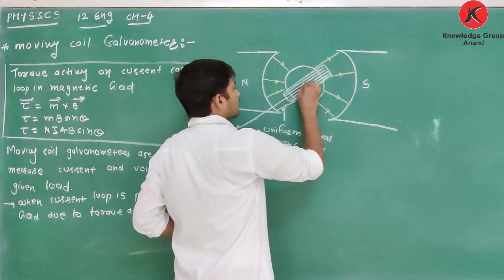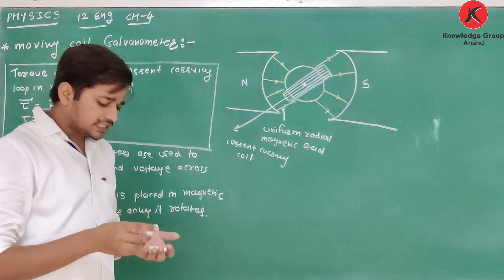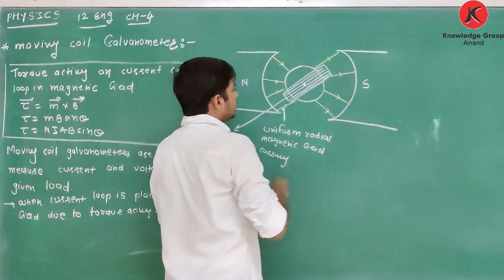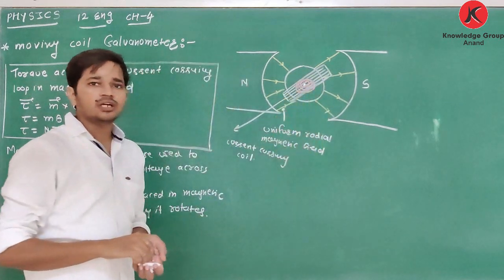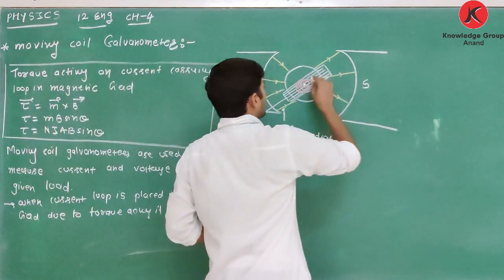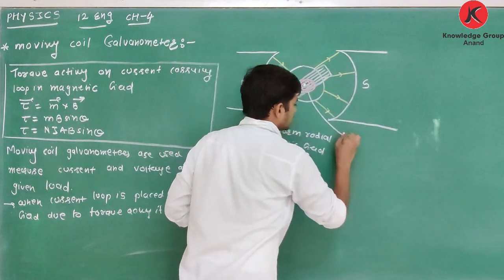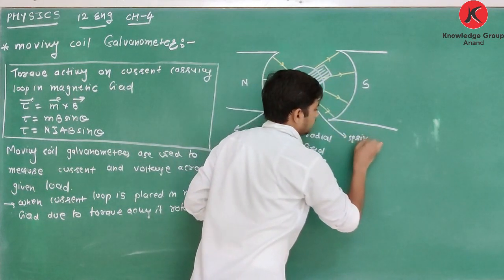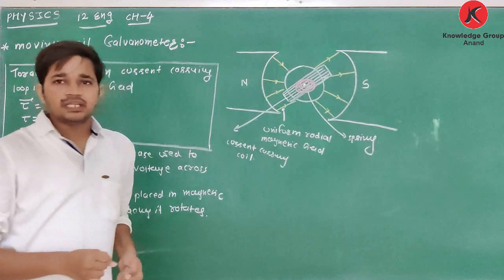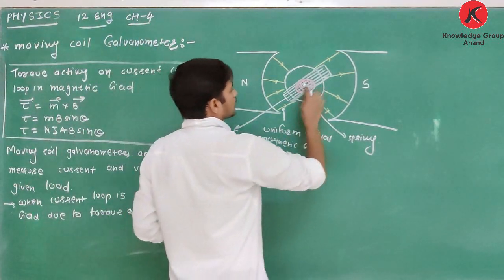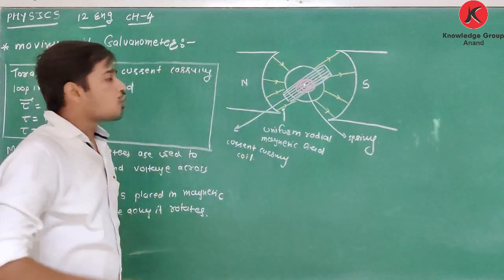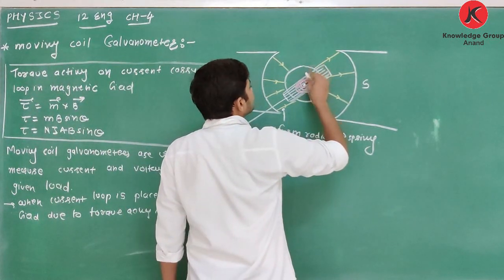Now it is pivoted at this point, and it is attached with a spring. This coil is attached with a spring. Clear about this? With this coil, one pointer is connected.